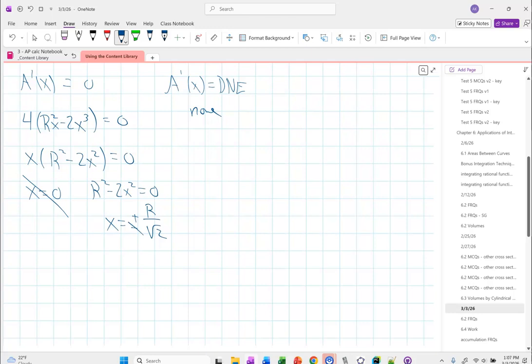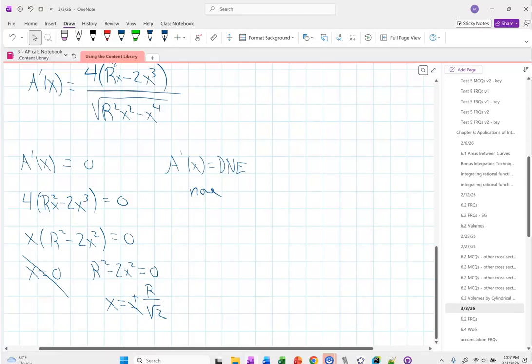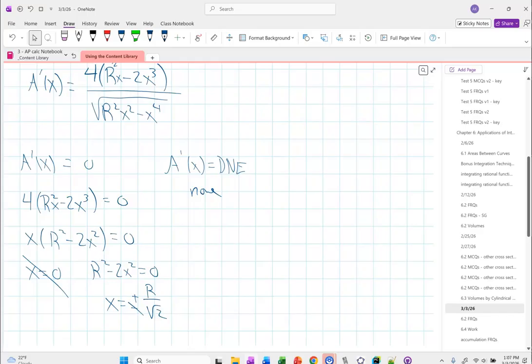Now I would want to check to make sure this is a maximum and not a minimum, and this isn't some weird unbounded situation. Pretty sure it's not. But if I pick a value that's less than this, like r over 2, I would have r to the 4th over 4 minus r to the 4th over 32.